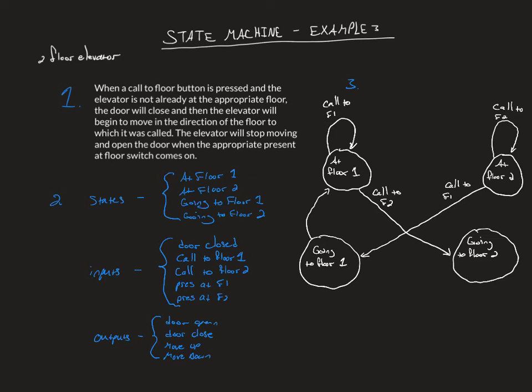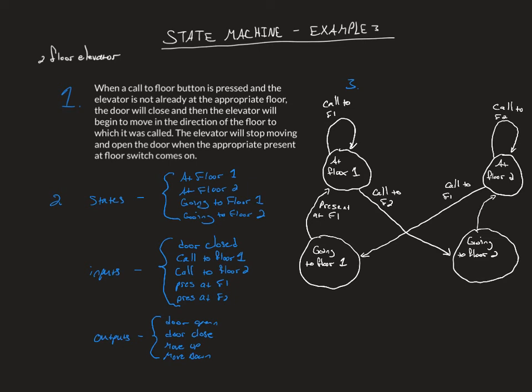So we're in the transition. Someone walked up to the elevator, they got in at floor 2, they pressed call to floor 1, and the elevator starts moving down. Well, it's going to stop and say I'm at floor 1 when present at F1 comes on. So the exact same thing obviously is true over here.